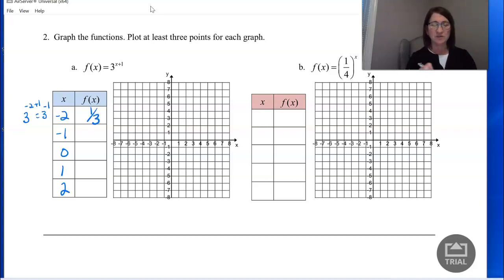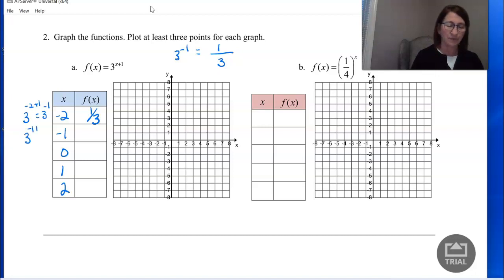When you've got 3 to the -1, in order to make that 3 have a positive exponent, I put it in the denominator and a 1 goes in the numerator. That's where that 1/3 comes from. If I've got 3 to the -1 plus 1, that's the same as 3 to the 0, which is 1.